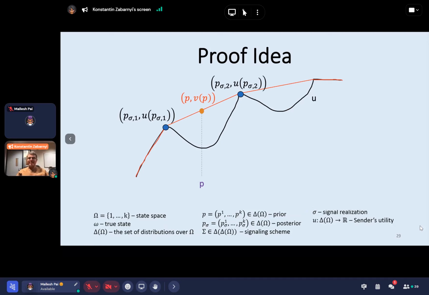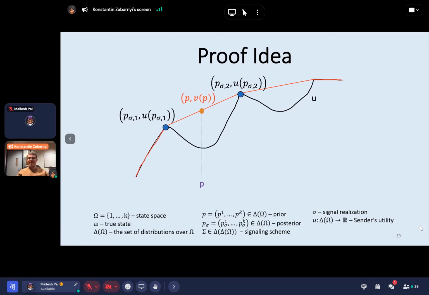And if we also want the expected utility of the sender to come into play, then this point, which is the prior, comma, the expected sender's utility of the signaling scheme, must be some convex combination of points of the graph of U. And each point on the concavification has indeed such a representation.